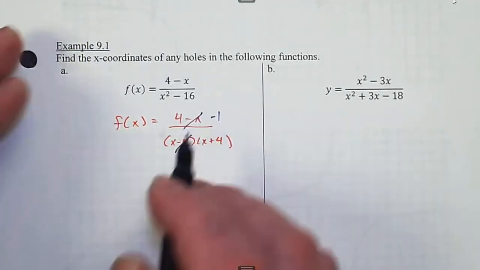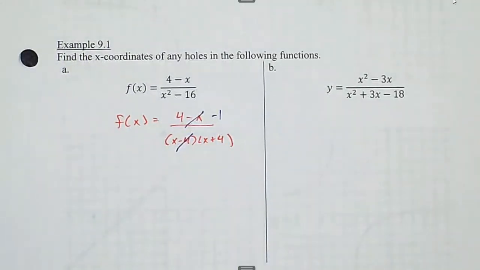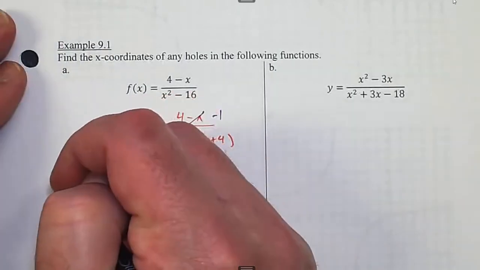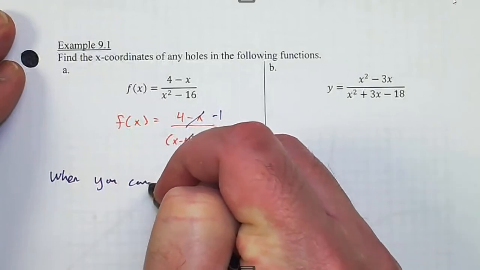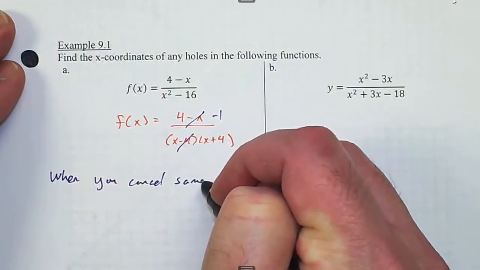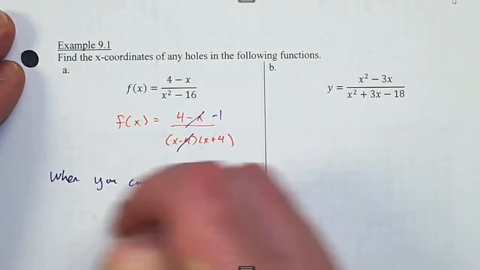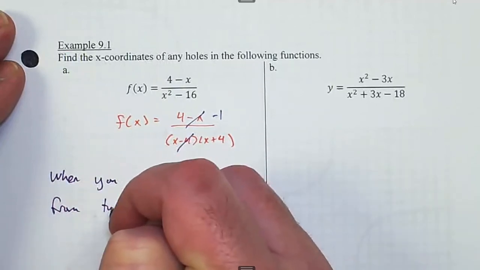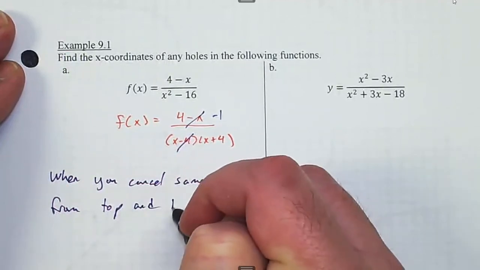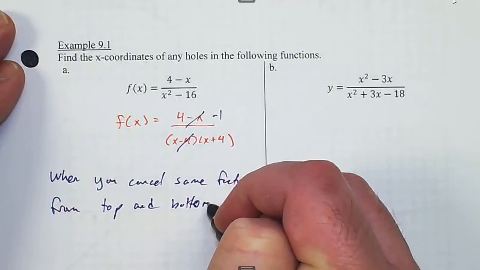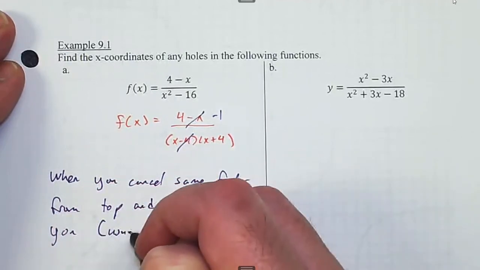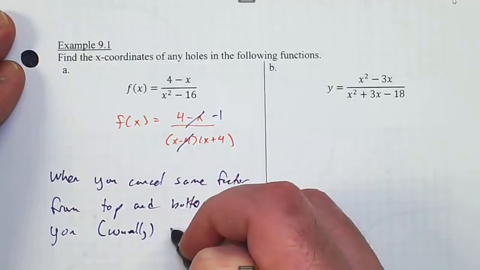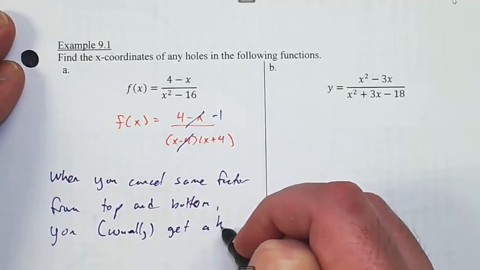But anytime you cancel the same thing from top and bottom, you usually get a hole.